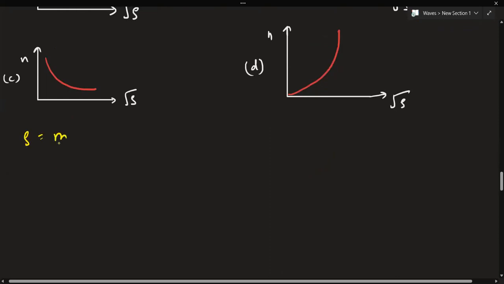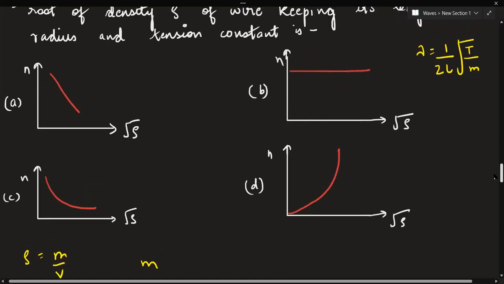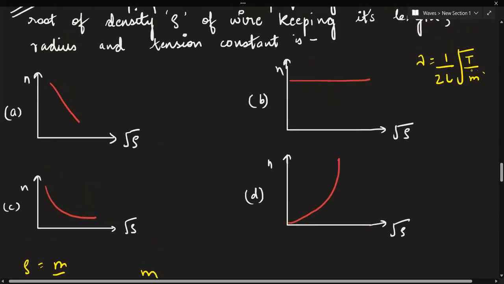Density is equal to mass by volume. So this mass that we are considering in this equation is not only mass, it is mass per unit length, as I've told you. This is tension, this is mass per unit length.